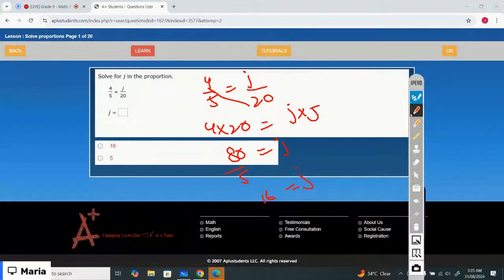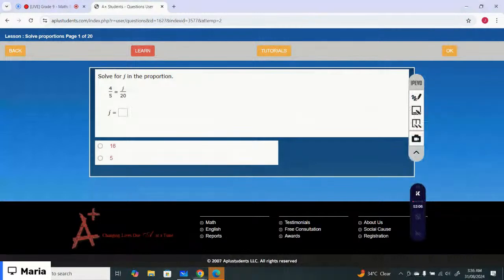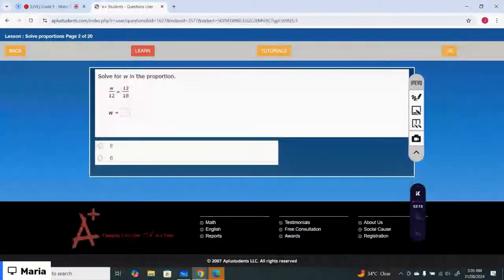Okay, let's move on to the next one. Solve for w in the proportion.